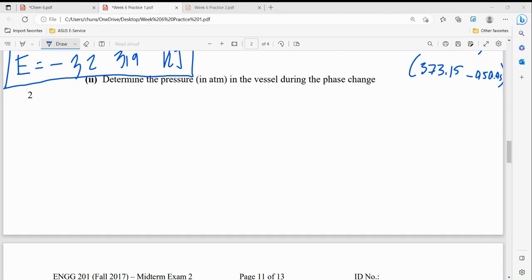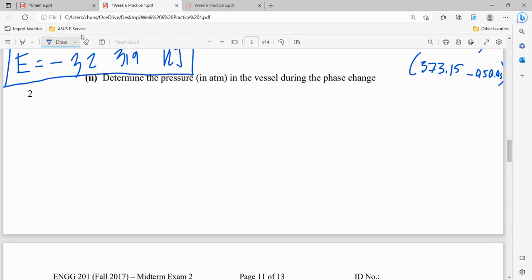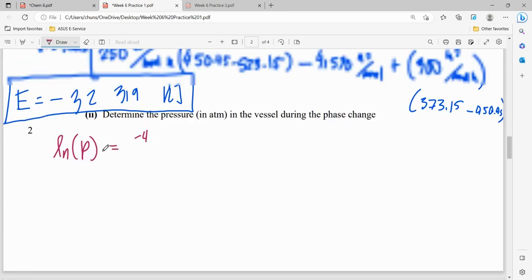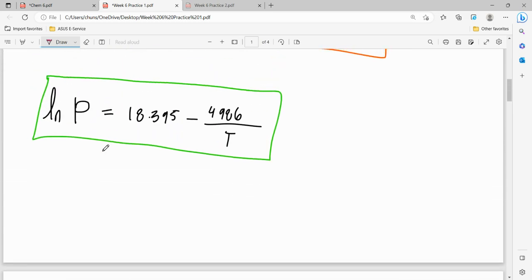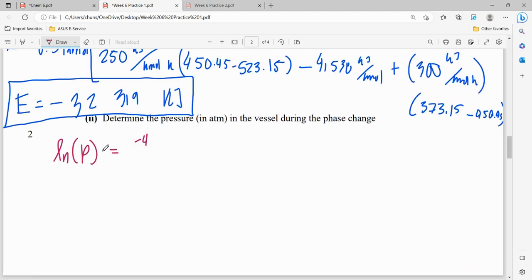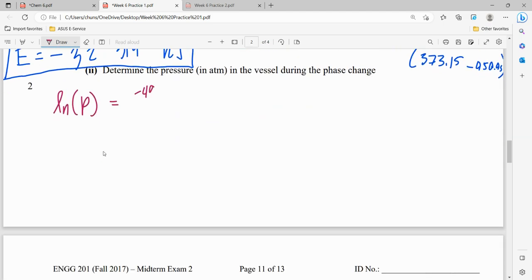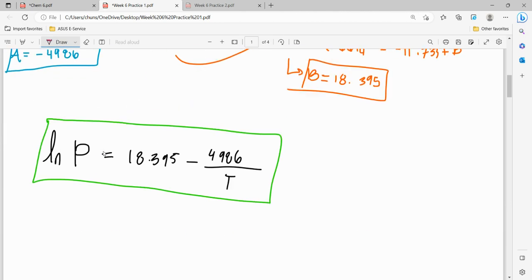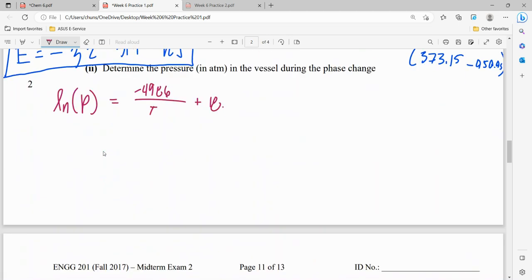So how would we do that? We would use our vapor correlation. We want to find the pressure, so this is our unknown, during the phase change. And we determined this equation was 4986 over T plus 18.395.